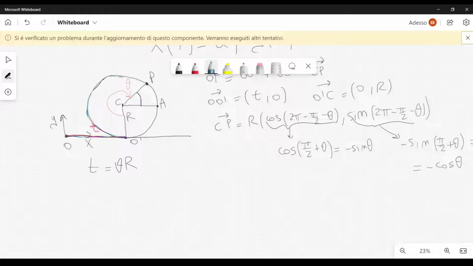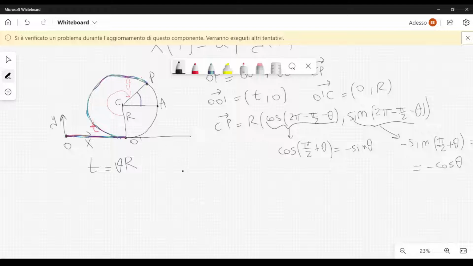If you think about it, this circle is rolling on this plane without slipping, which means that as P is moving on this circle, all the other points on the circumference of the circle will have been in contact with the ground. So this is quite intuitive: if the circumference is not slipping on the ground, then this length will be equal to the length that we have on the x-axis. So t will be equal to theta times r.